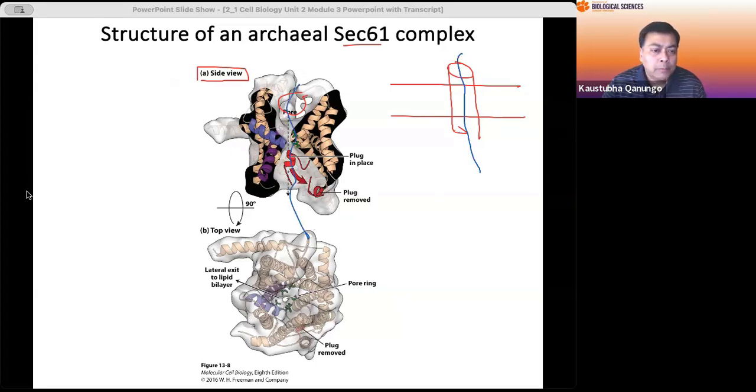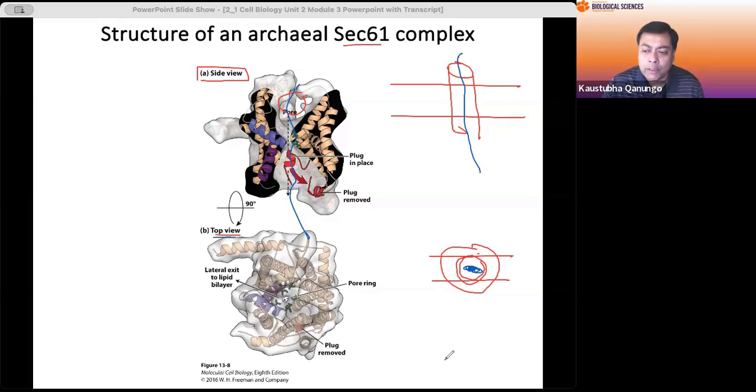On the other hand, in the other picture, this is a top view. So I am looking from the top, and this is the paper towel roll's central channel. And the protein is essentially going through here. So this is the protein. This is the top view, and this is the pore.